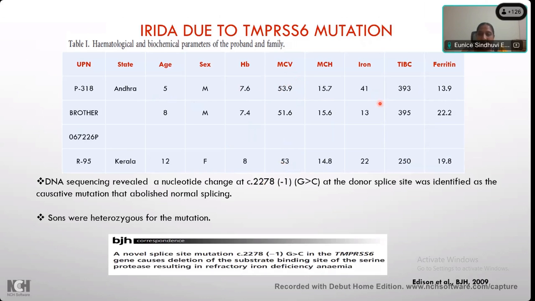And if you look at iron and TIBC, iron is low. TIBC is normal. And ferritin is kind of low. We could do hepcidin only for this case, which showed higher levels. So when we did the genetic analysis, we identified that all 3 of them had a mutation in the TMPRSS6 gene, which explained the phenotype of this iron refractory iron deficiency anemia.